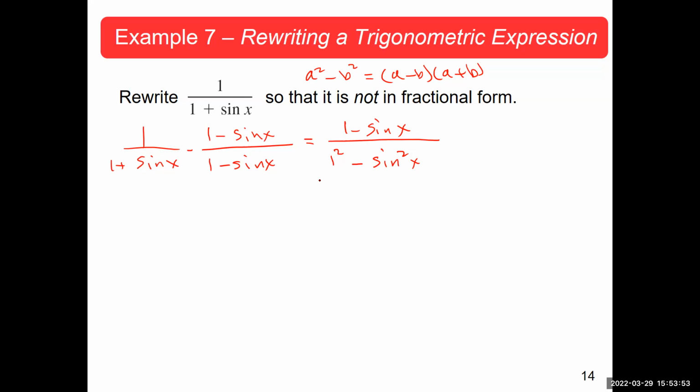Just as we did here. That's right. So we have 1 minus sine of x over cosine square of x.